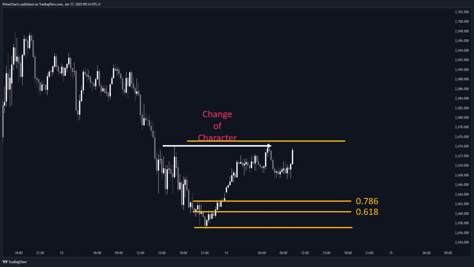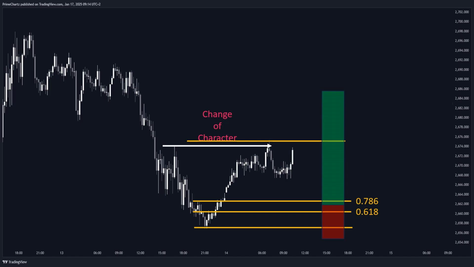To apply it, we draw the Fibonacci retracement from the swing low to the swing high of the recent move. Now, we focus on a key zone, the area between the 0.618 and 0.786 levels. This golden zone often serves as a prime area for price to reverse or continue in its new direction.